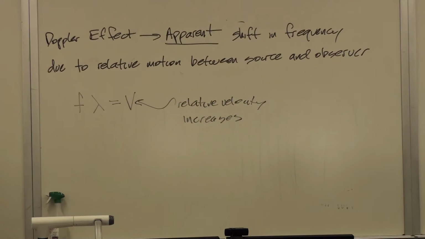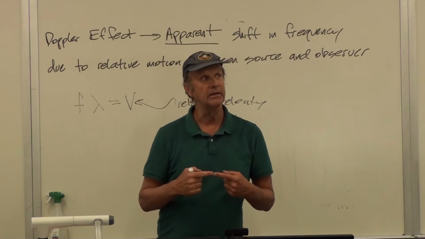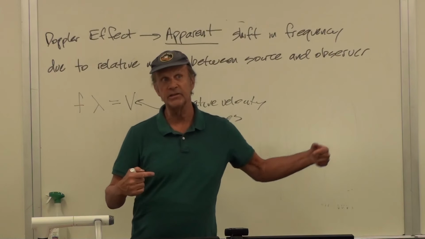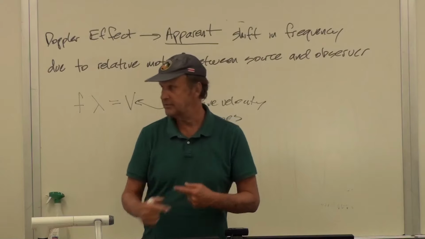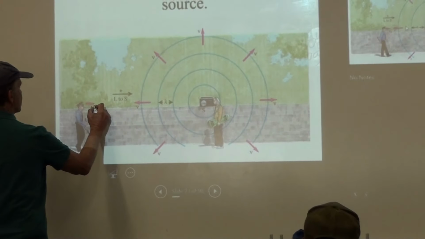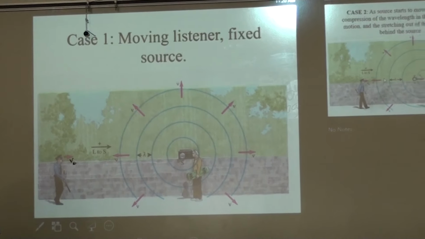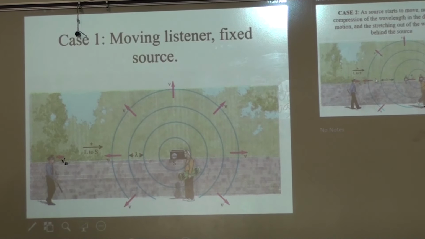Right? It's like if two cars are moving toward each other and each one is going 60 miles an hour, the relative velocity is equivalent to one of the cars being stationary and the other one going 120. There's a relative velocity. That's the sum of the two, basically. And so we have the velocity of the observer, VO, plus the velocity of sound, let's call that V, for the speed at which the wave energy is moving away.